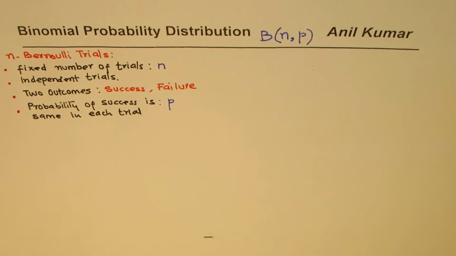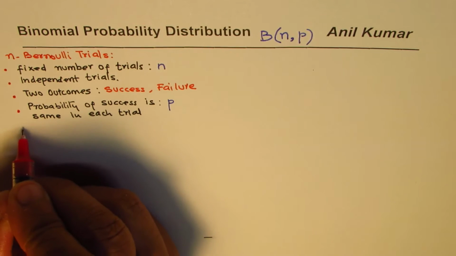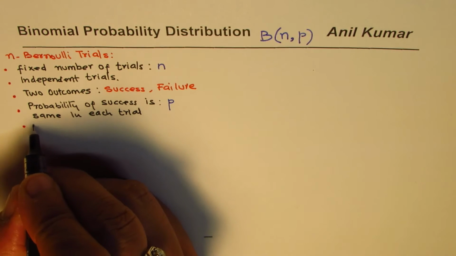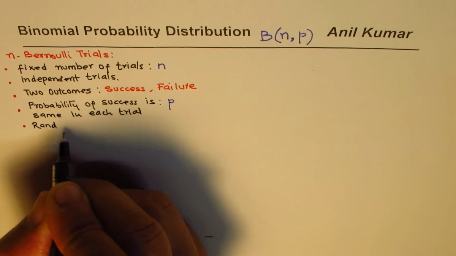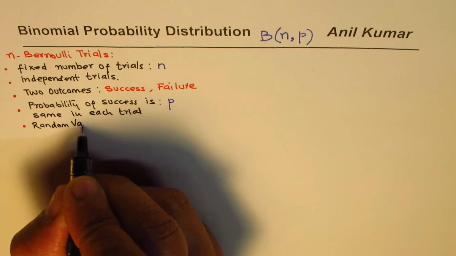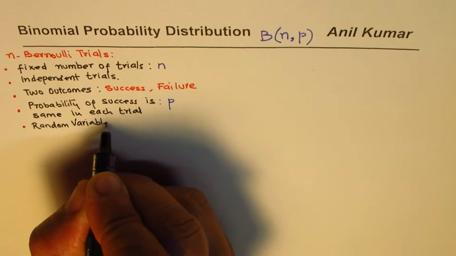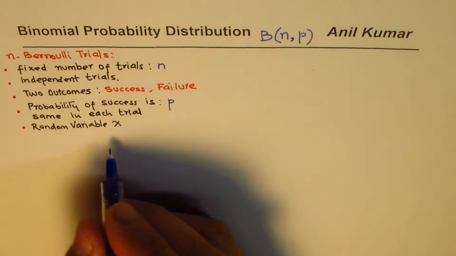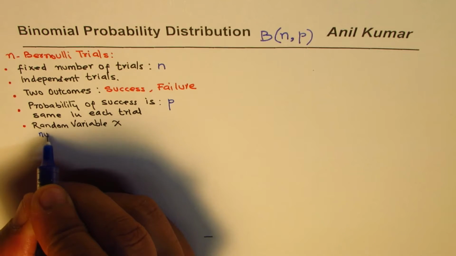And when we talk about binomial probability distribution, what we do is define a random variable. So let me add a new thing, which is a random variable x. What is this random variable x? This random variable x is the number of successes in n trials. This is very important.